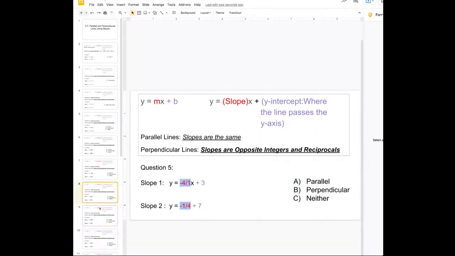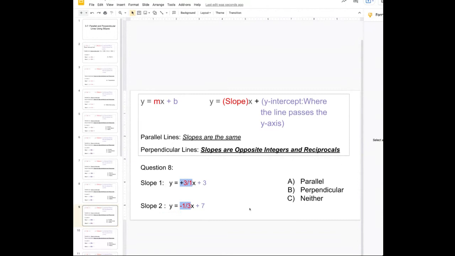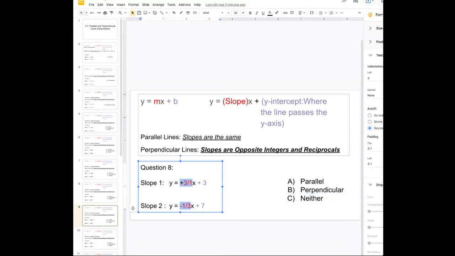Going on to the next one here. What is the next one here, you think? So here's perpendicular. Why is it perpendicular? Because you have a positive, a negative, and then here they are reciprocals of each other because 3 over 1's reciprocal is 1 over 3.